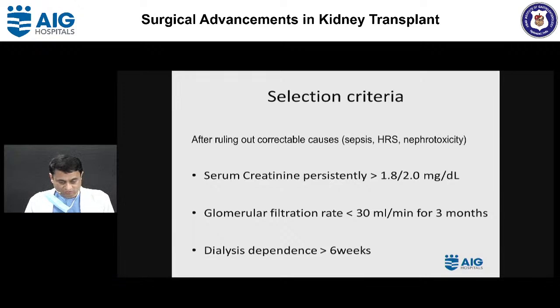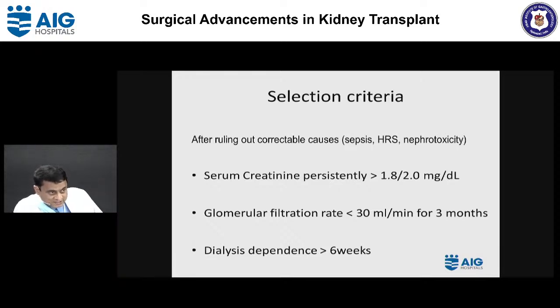So what probably applies is, when you have creatinine more than say 1.6, 1.7, or I would put it at 1.8, and if that persists for about 2-3 months, it's very difficult to push in a patient for an LDLT. The reason is the graft is small and patients are sicker.